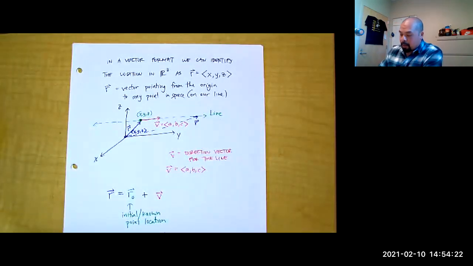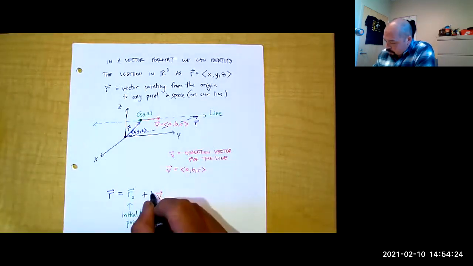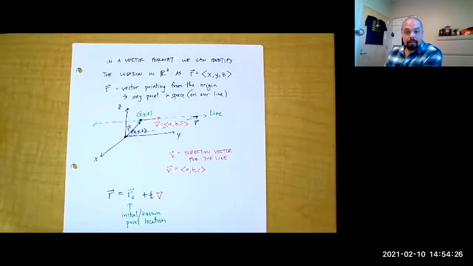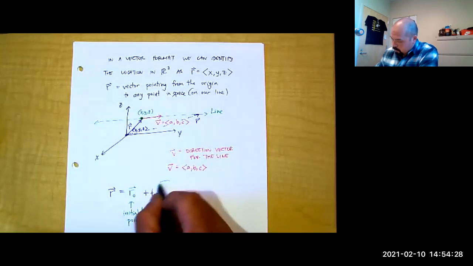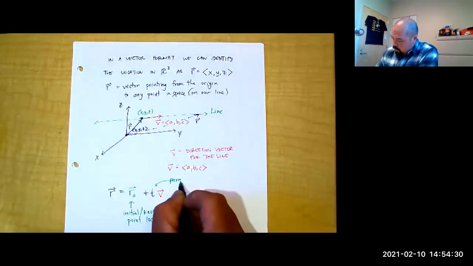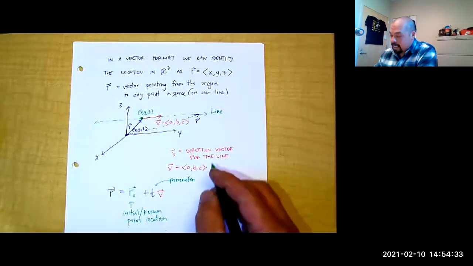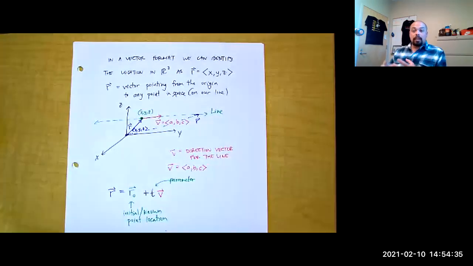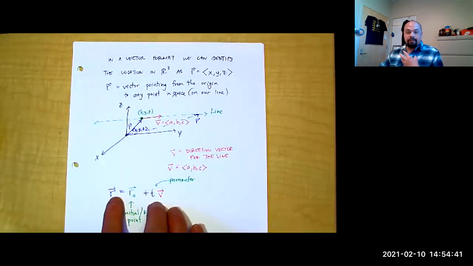So that's when we get our parameter t. There's this parameter, this scalar multiple, this constant we can bring in. Now this is what this function depends on.